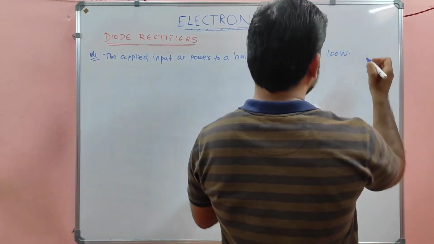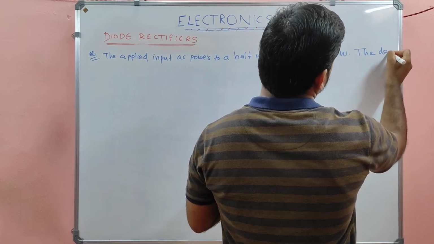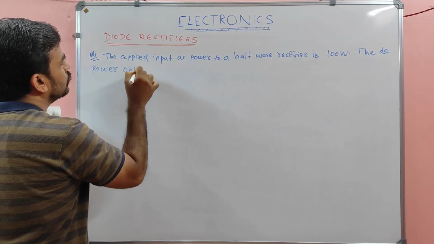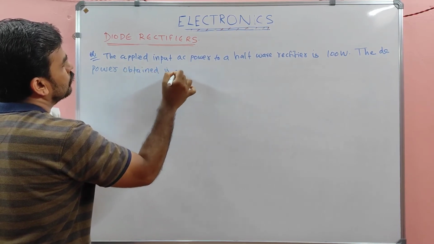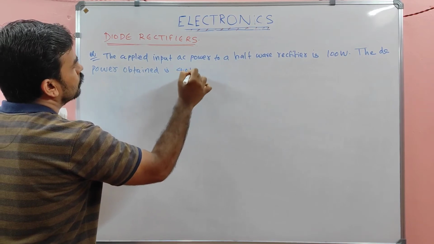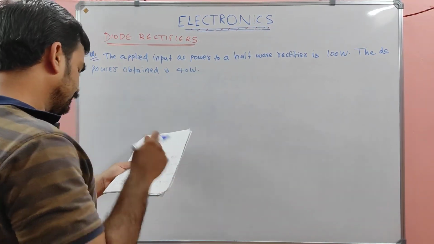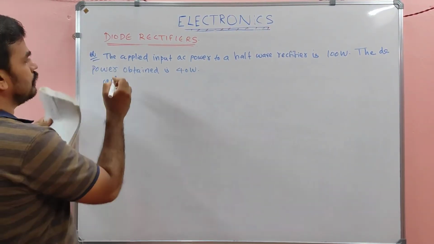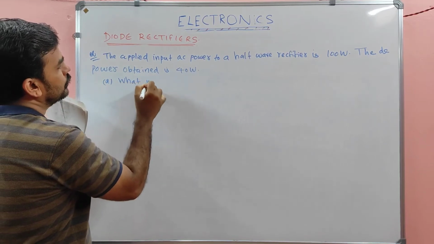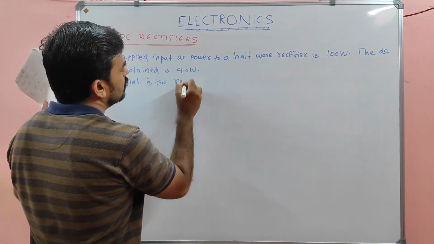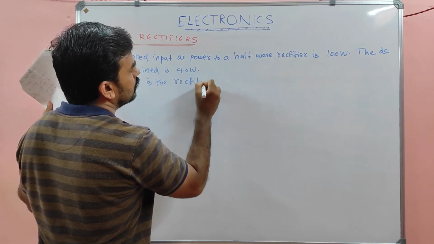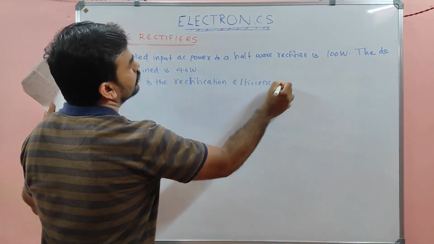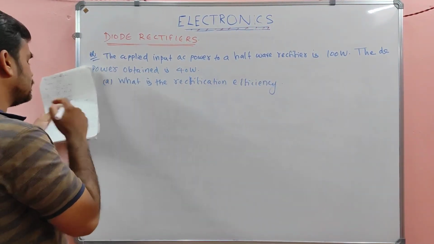The DC power obtained is 40 watt. What is the rectification efficiency? What is the power efficiency?